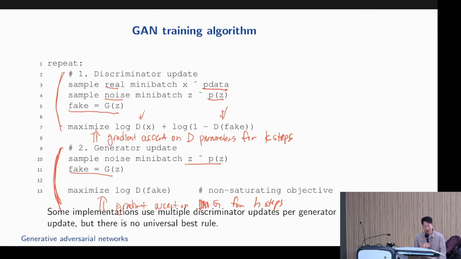The discriminator output is one-dimensional: it just outputs a probability of whether it's fake or real. But the generator has to output an H by W by C full-size image, so it has many more parameters, and it's a very difficult task to generate an image that looks real. So you don't want to update the discriminator very aggressively.